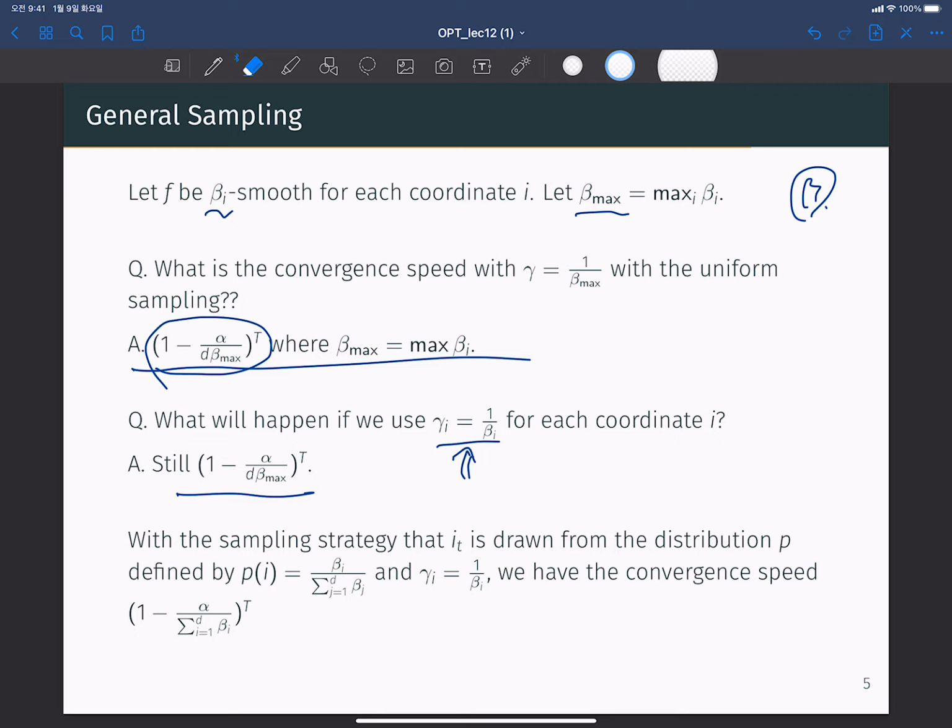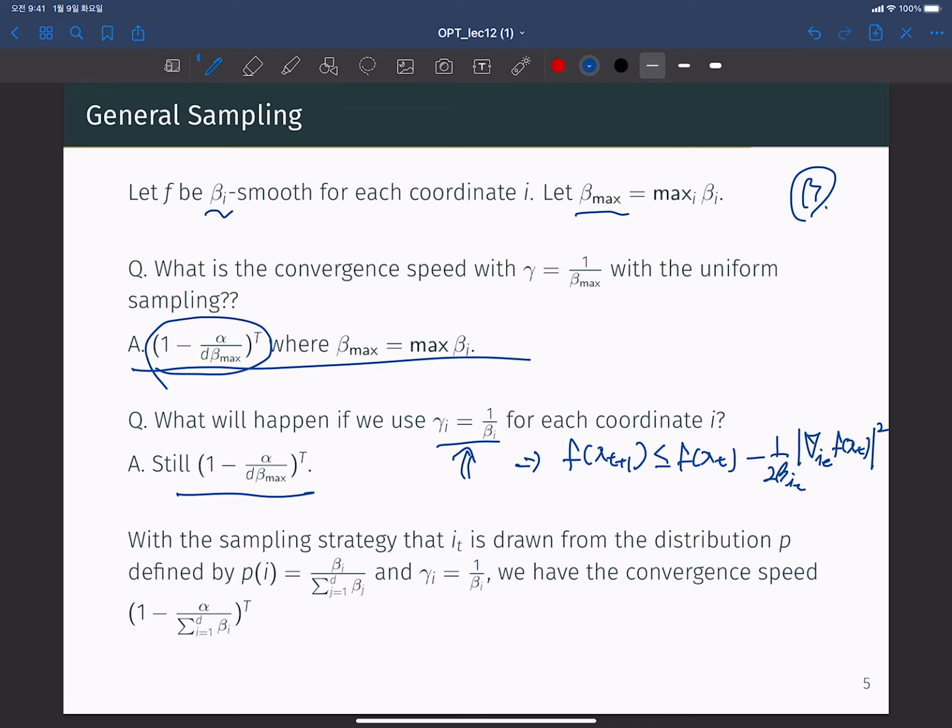From beta i smoothness of each coordinate, we have f(xt plus 1) less than or equal to f(xt) minus 1 over 2 beta it times the gradient of it of f(xt) squared. From the beta i smoothness of each coordinate, and we set gamma i equal to 1 over beta i, we have this.